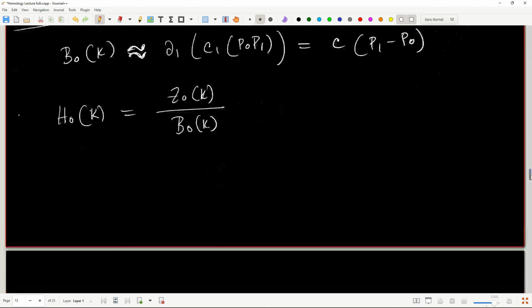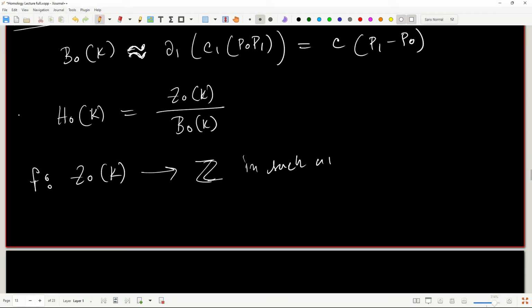So let us define a homomorphism that maps z0 to the integers. And if I do that in such a way, it's acting on any element of z0. So how do the elements of z0 look like? It looks like this: a p0 b p1, right? And it will return this guy over here.